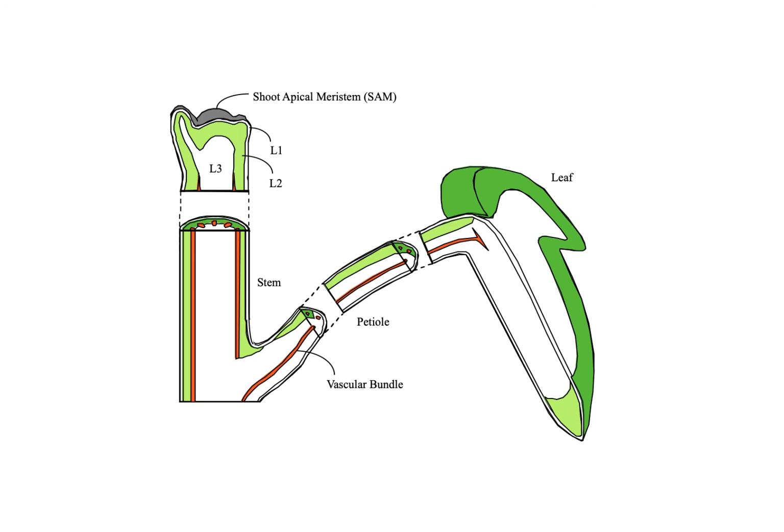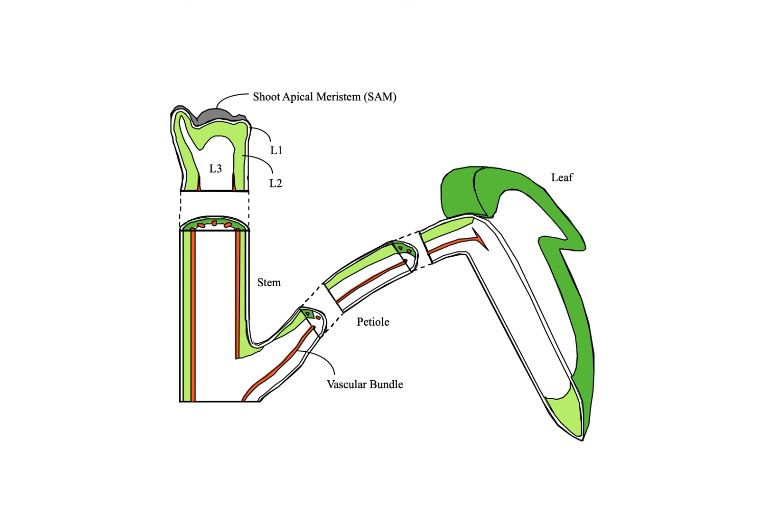But they're also organized into layers, and so there are what are called histogenic layers, which are essentially genetic layers. The first layer, L1, is always just the epidermis, and it can be either one, sometimes two layers in thickness. The next one, L2, it can be several cell layers thick, and then L3 leads to cells that are in the middle of the plant, called the pith.